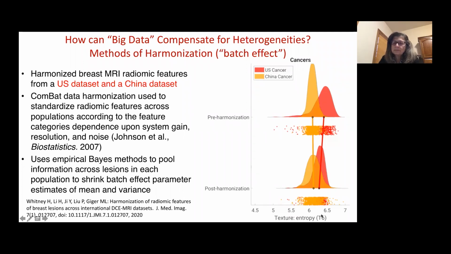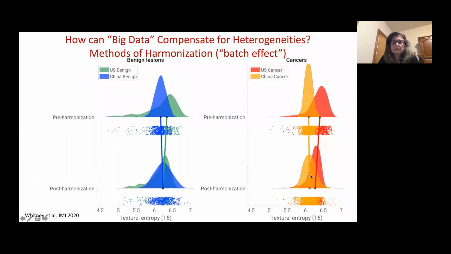And this is one particular characteristic that one can pull from the image. And you see after harmonization, the distribution of the two features can come together. This was also shown with benign lesions, that doing harmonization was able to bring the two distributions more harmonized.